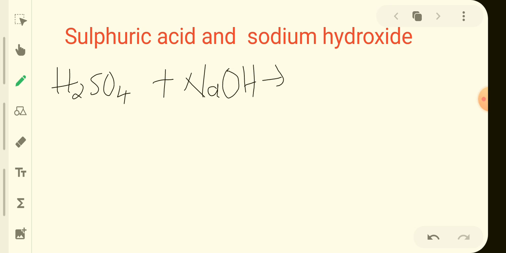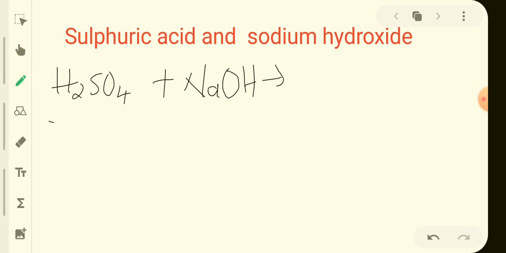This being a neutralization reaction, when an acid and a base react, they usually only form a salt and water. The sulfate ion will combine with the sodium, while the OH ion will combine with the hydrogen ion.